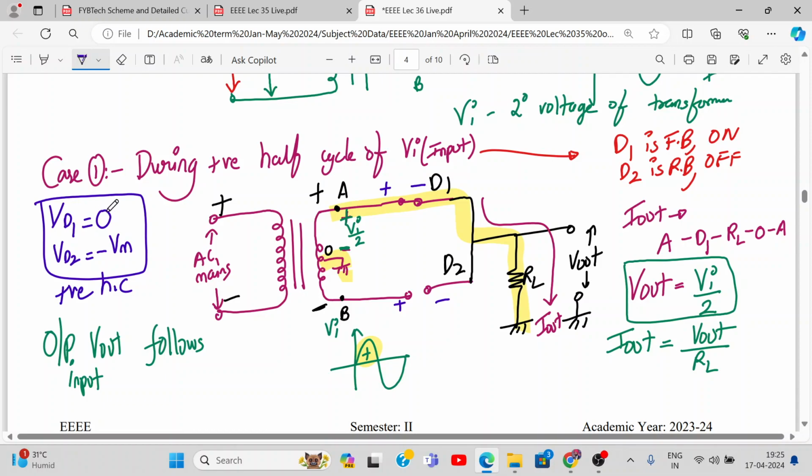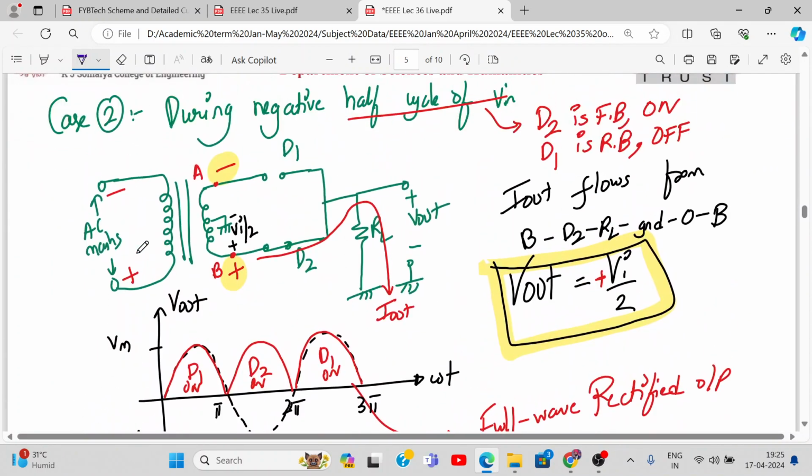On the negative half cycle, what happens? Again, I should write it there. Output follows the negative of input in a negative half cycle.